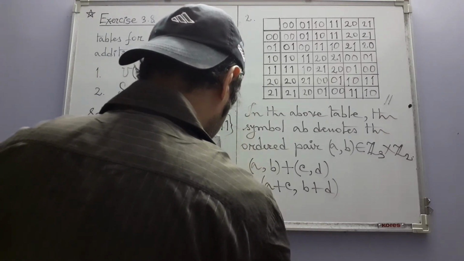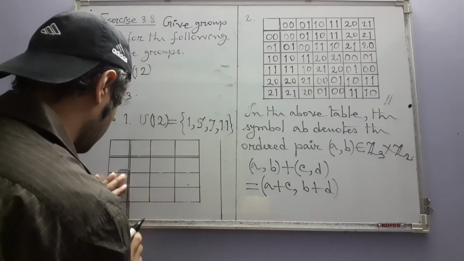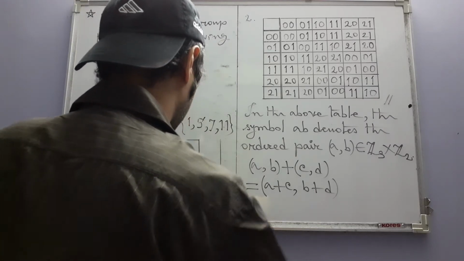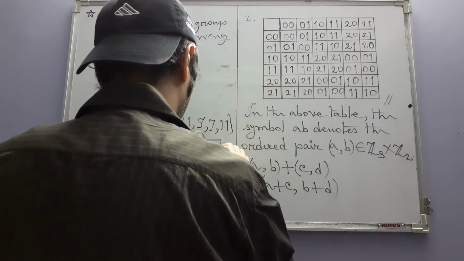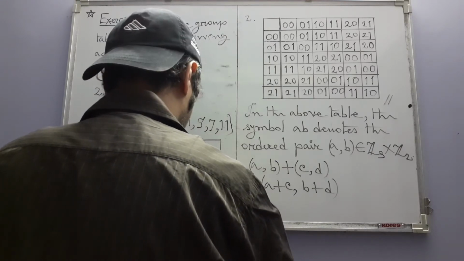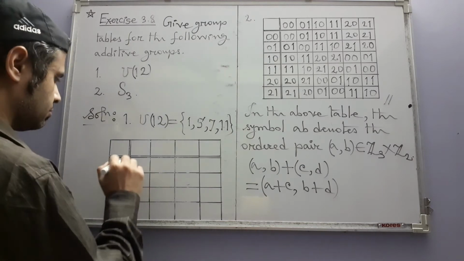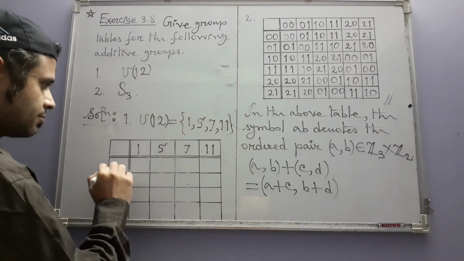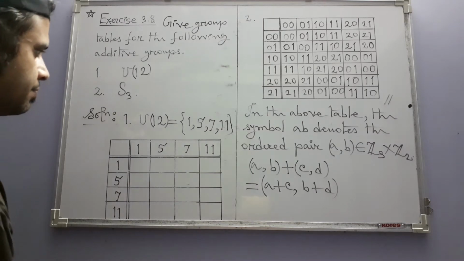One more row and one more column. 1, 5, 7, 11. 1, 5, 7, 11. Okay.